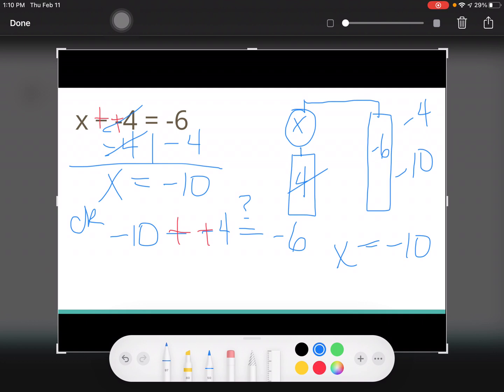So now I have -10 plus 4. The signs are different, so I'm going to subtract. 10 minus 4 is 6. I have 10 negatives and 4 positives, so this means I have more negatives. And I end up with -6 on the left, and I have -6 on the right. So therefore the solution is correct, that x equals -10.